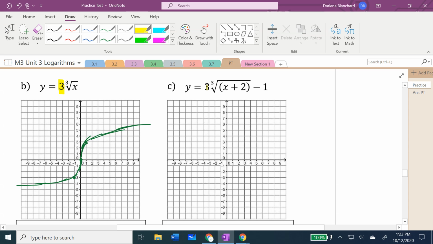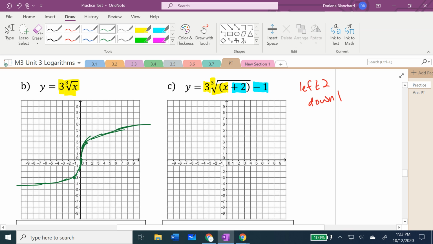And then lastly, notice that this is still 3 times cube root of x, which is where we left off, plus 2 with the x minus 1 outside the function means that we are going to move left 2 and down 1. Opposite direction for x, same direction for y.